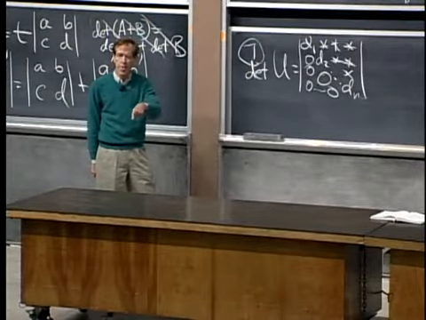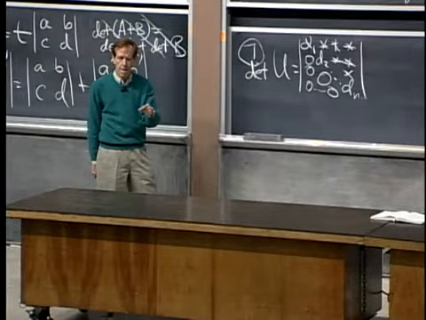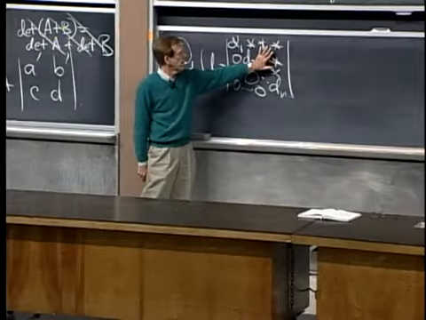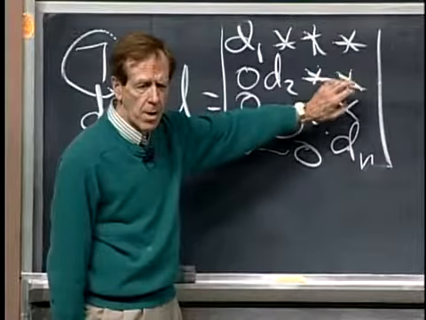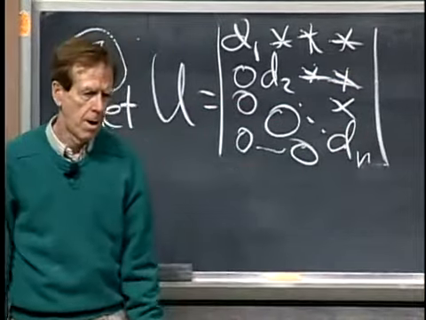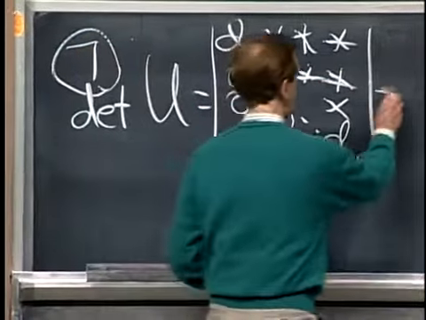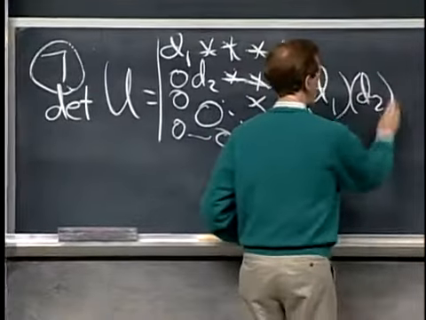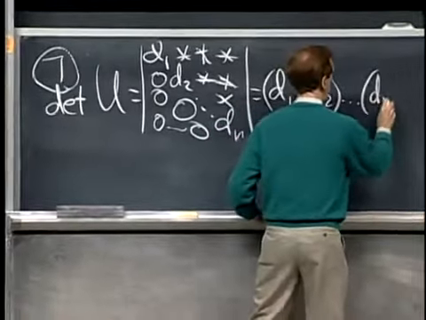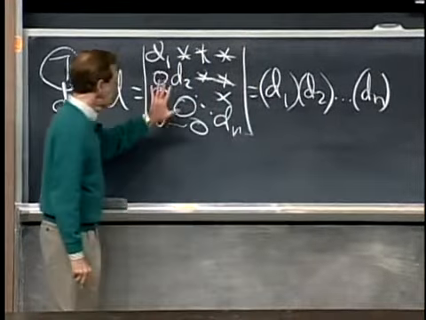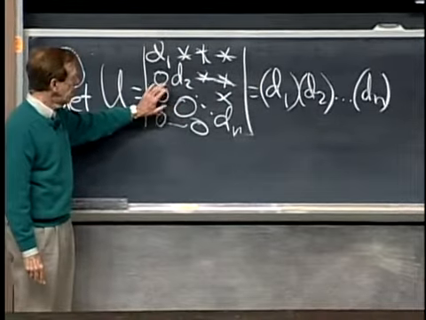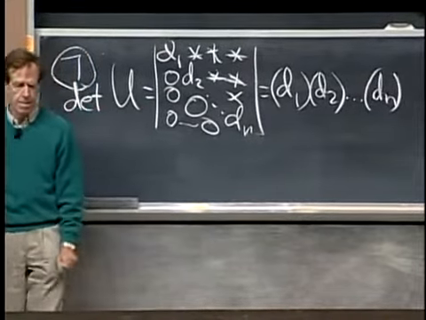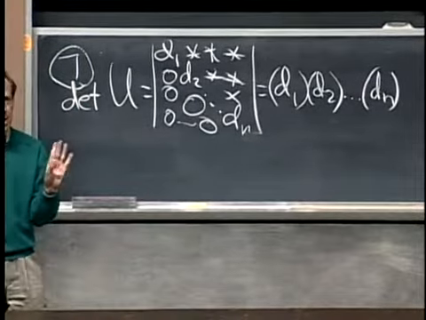It's just the product of the d's. These things that I don't even put in letters for, because they don't matter. The determinant is d1 times d2 times dn. If I have a triangular matrix, then the diagonal is all I have to look at.